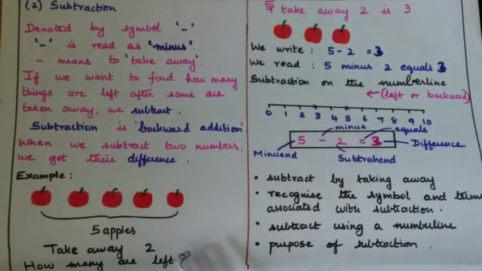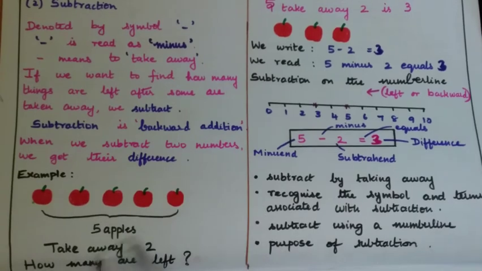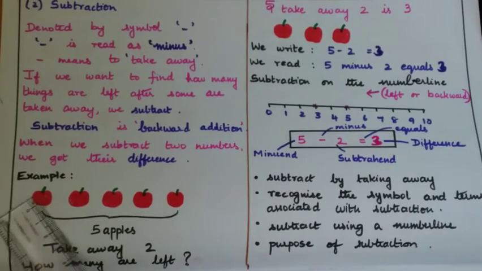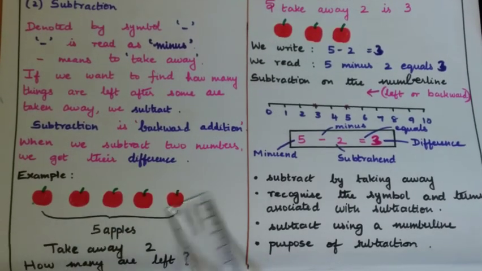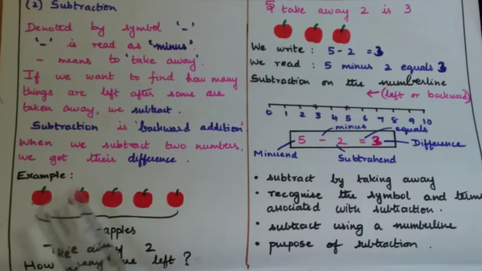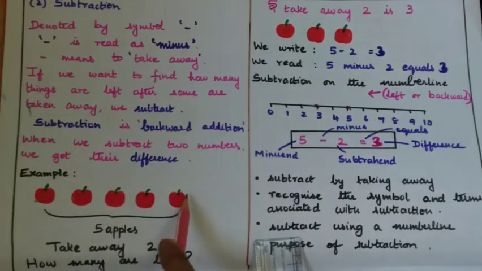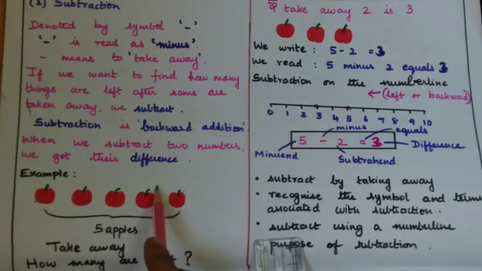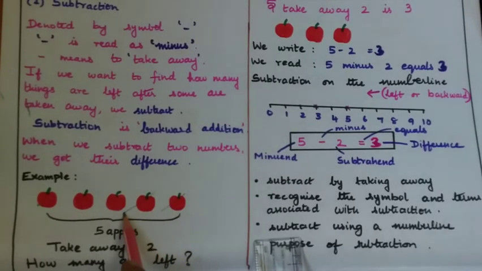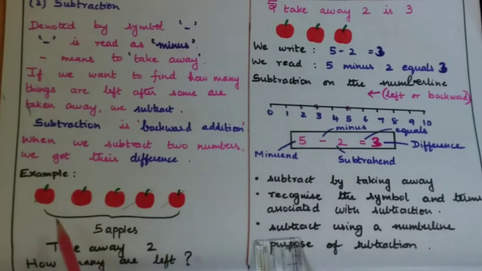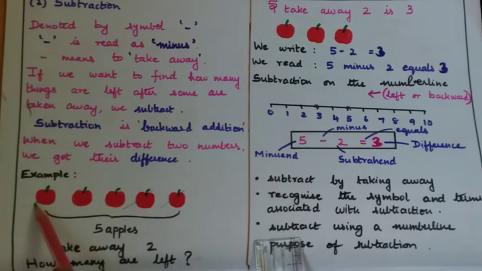So let us explain the concept of subtraction to kids with a similar example as that of addition. Let's imagine a kid has 5 apples with him and we take away 2 apples from him. How many apples will be left with him?